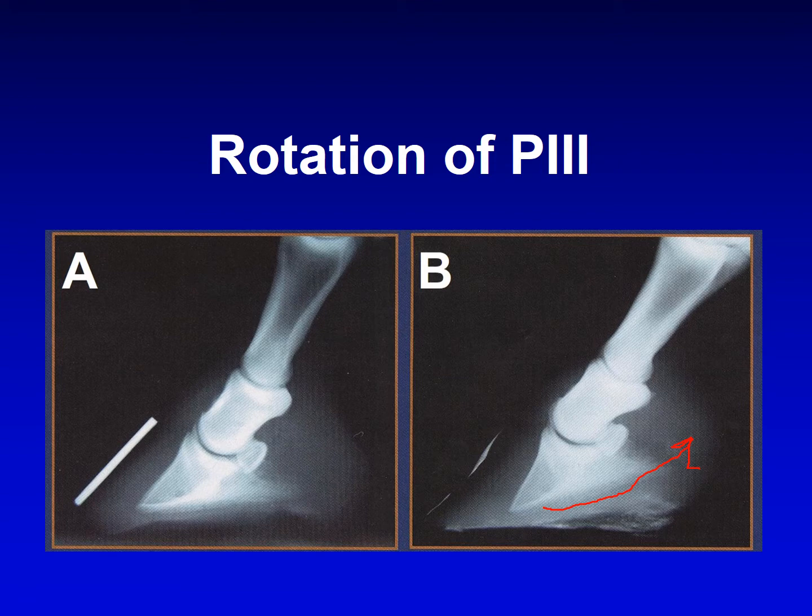This is basically where the deep digital flexor tendon is pulling. So this parallel relation in the normal animal right here is lost. This parallel relation is lost, and P3, instead of this line here, it becomes here.